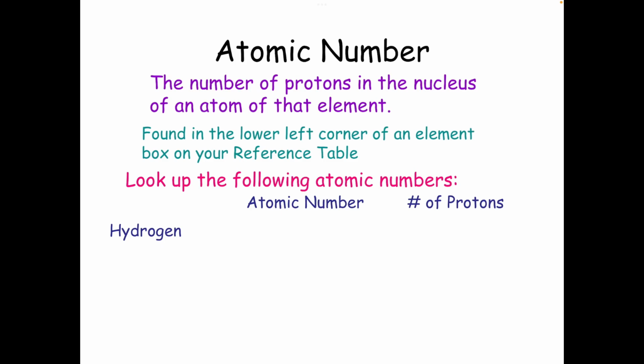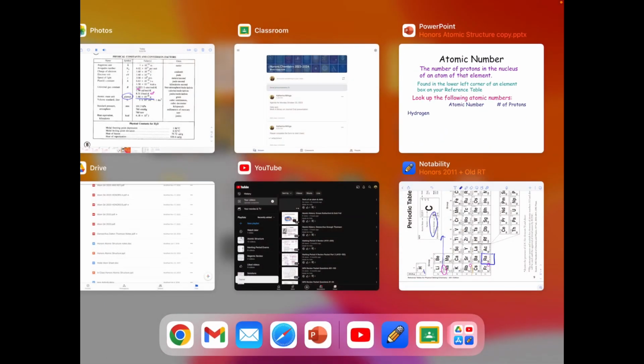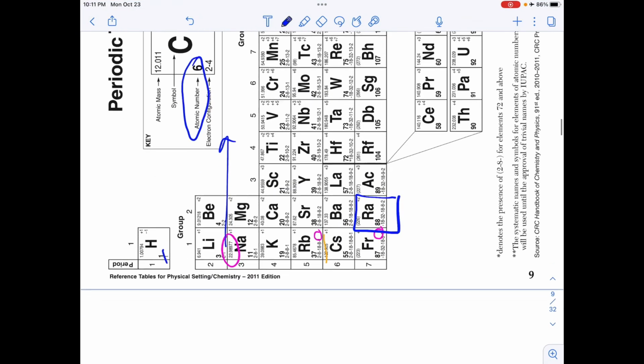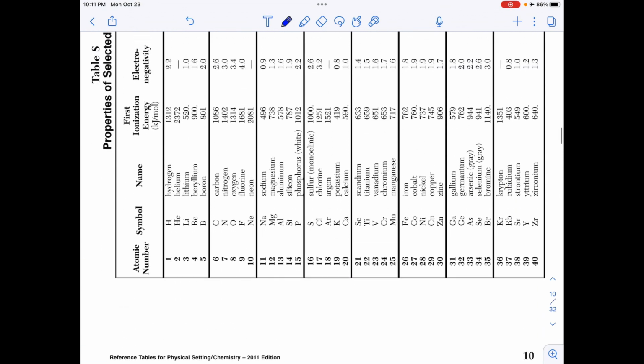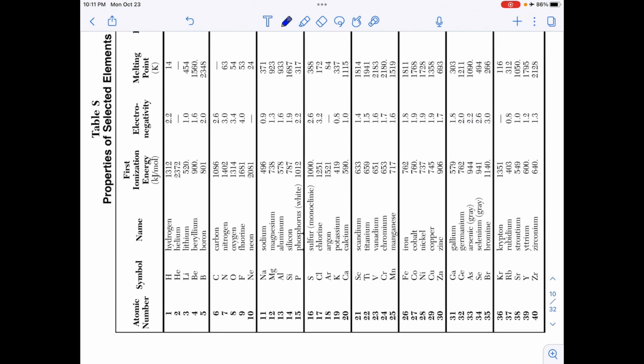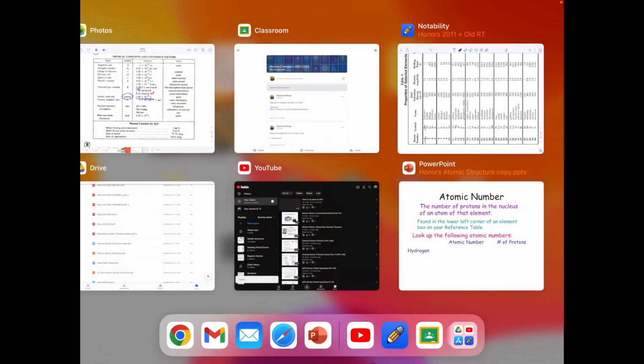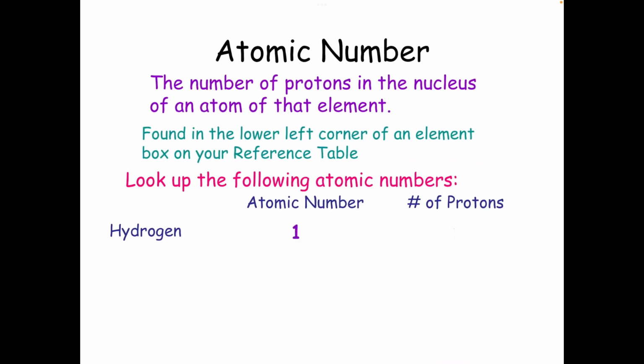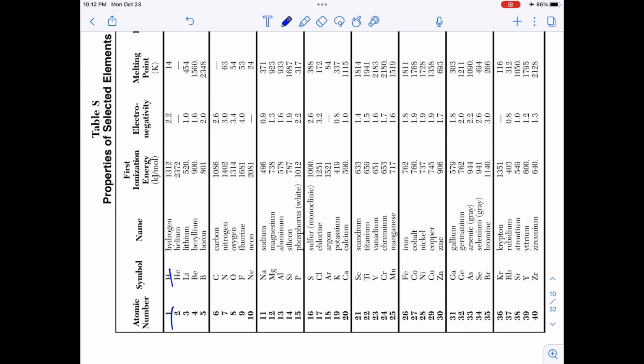So if you had hydrogen, let's look it up. By the way, if you don't know what the names are, you just go here. Oh look, you don't even need the periodic table. Hydrogen, and again, I apologize, this is sideways. I can probably rotate it, but I don't know right now, so sorry. Hydrogen has atomic number 1, which would mean 1 proton. Sodium is here.